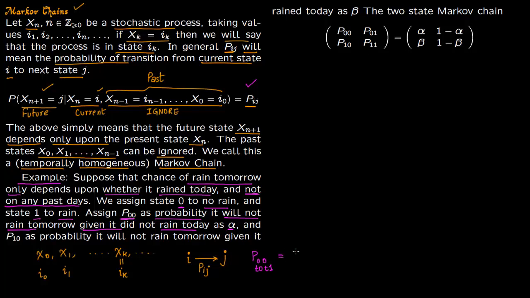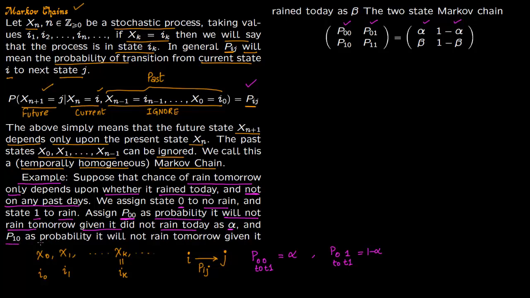So this is alpha. Now the probability that there is no rain today, at time 0, but there is rain tomorrow: there are only two states, rain or no rain, so this will be 1 minus alpha. That's what we put here, P00 and P01. This is alpha and this is 1 minus alpha.